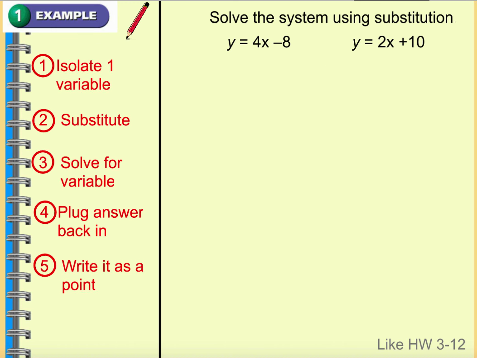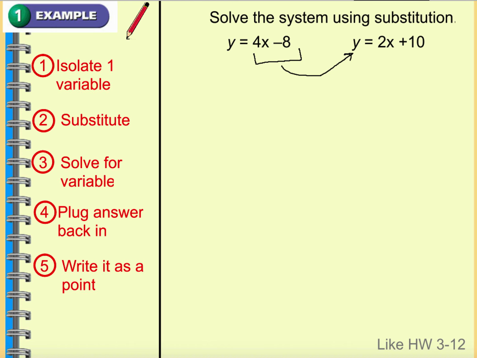So this is a nice problem for us because both of our equations are already solved for y. So we have y alone here and y alone here. That's fantastic news. So since we know that y is really 4x minus 8, we can substitute 4x minus 8 for this y value. That's right over here.